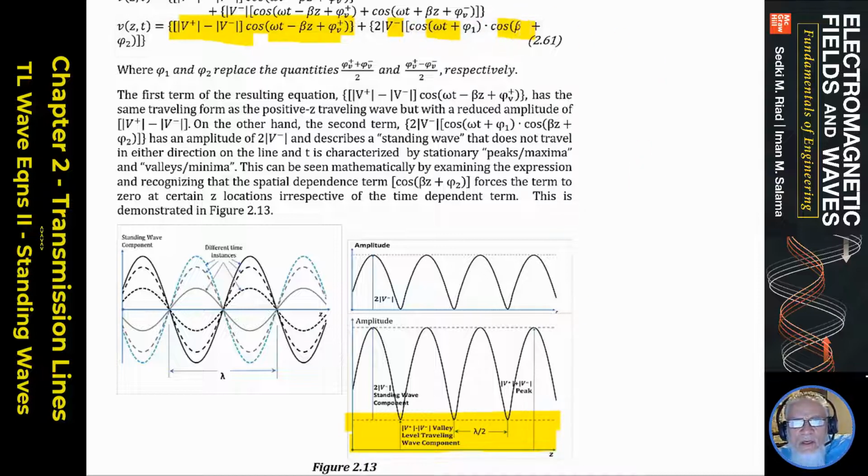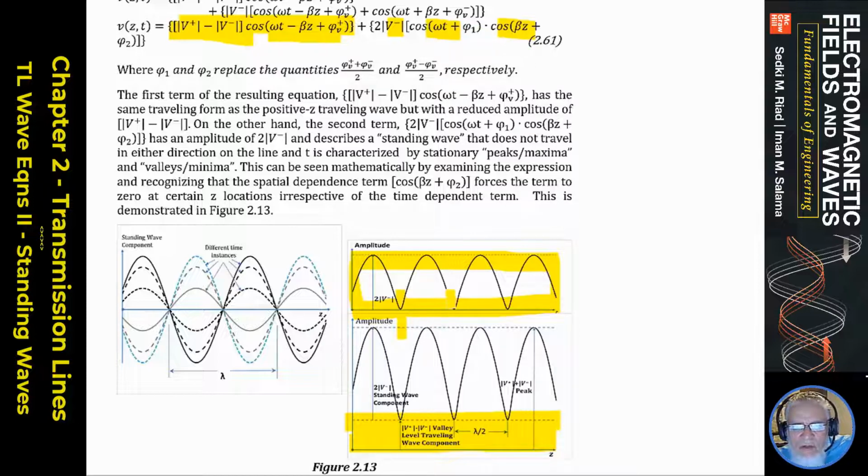Superimpose on it something that has a magnitude that goes to 0 at certain positions. Alright, so if I look at this part alone, here it is. This part alone is right there. 2V minus, that's this part here. 2V minus is the amplitude, and it has time variation, but whenever this is 0, nothing changes.